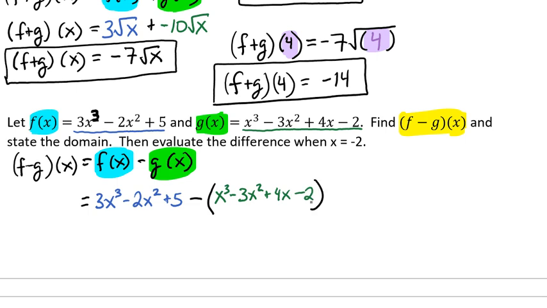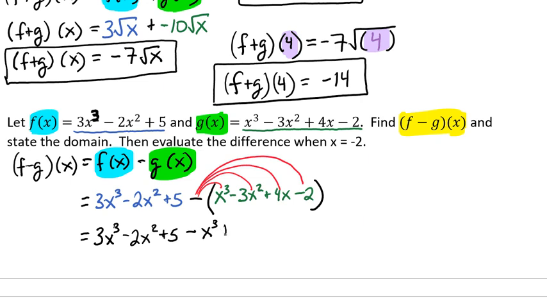So we'll actually need to make sure that we distribute that negative sign to each piece. So what we really have is 3x to the third minus 2x squared plus 5 minus x to the third plus 3x squared minus 4x plus 2.